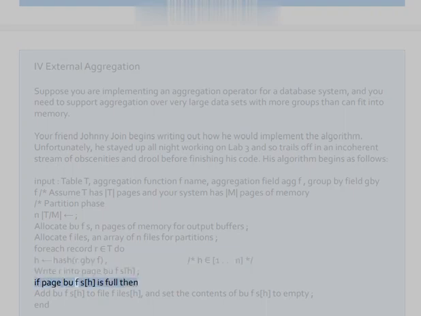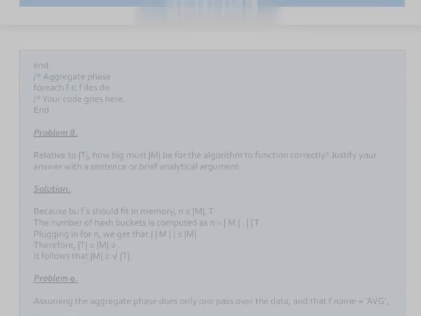If page BUFS[h] is full, then add BUFS[h] to file files[h] and set the contents of BUFS[h] to empty. End. Aggregate phase: for each file F in files do, your code goes here. End.